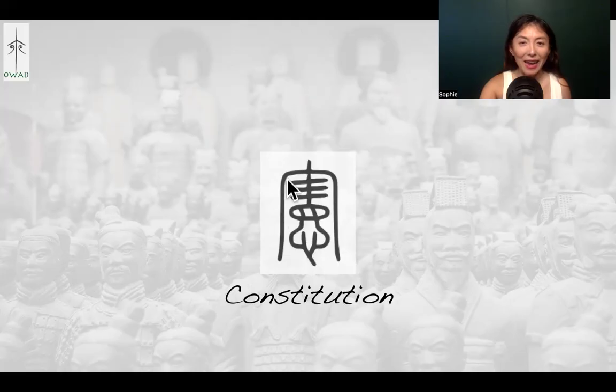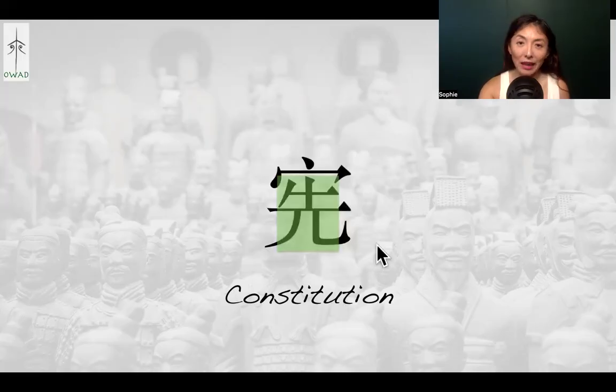And the whole rule-making or law-making process was under the roof, not just a regular roof. It's the palace, the power center. Today, we refer to the power center with a capital name. So in ancient times, we referred to the power center, wherever has the power of lawmaking, the equivalent of today's constitution.